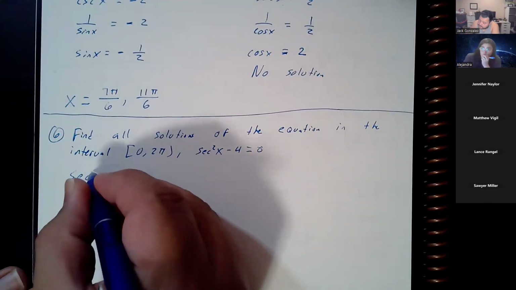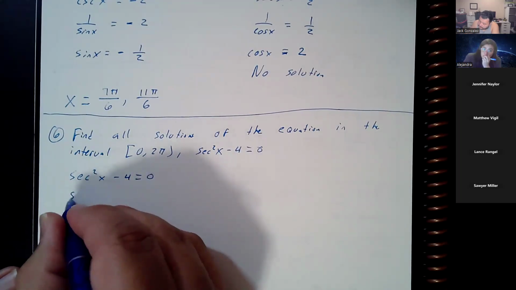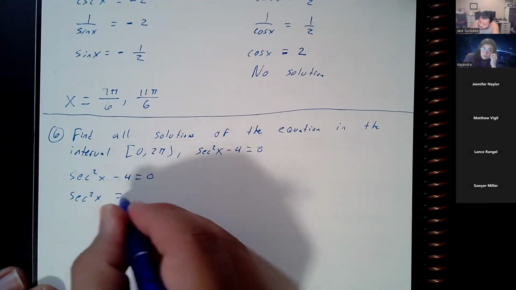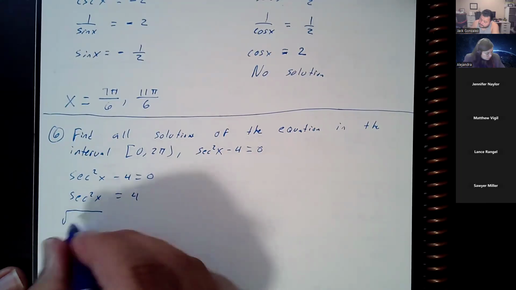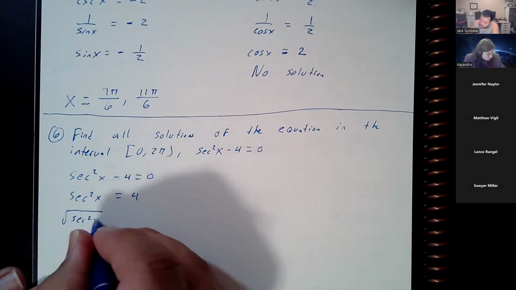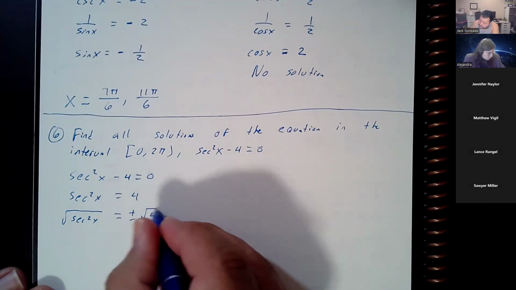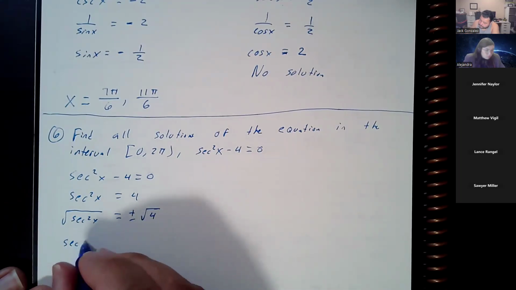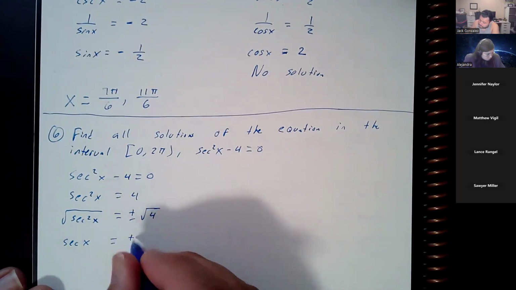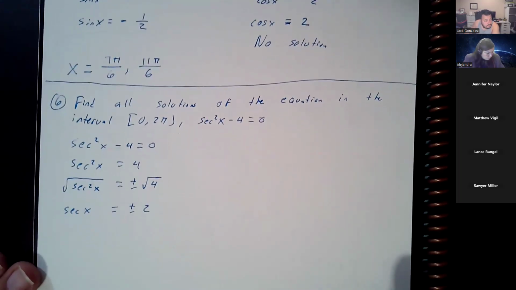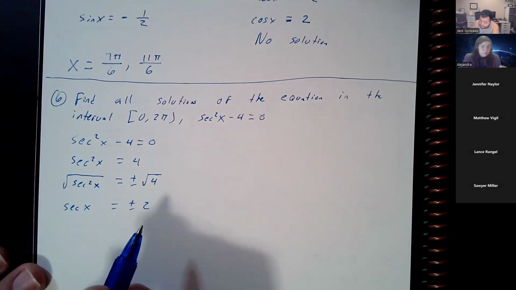First step, isolate your secant by adding the 4 over. Square root both sides. And remember, you have to tack on that plus or minus somewhere, so I'm going to put it here. So now I have two separate equations, secant equals positive 2 and negative 2.